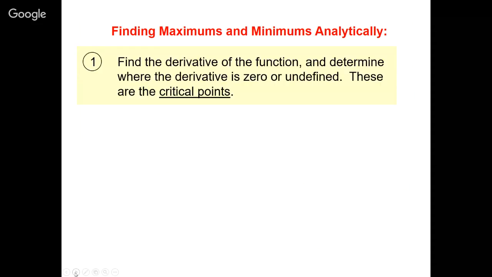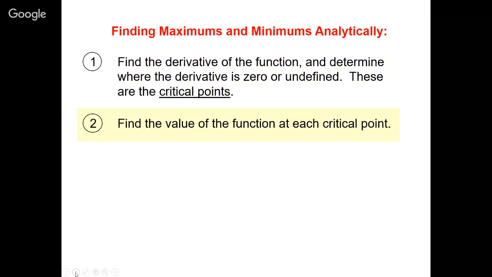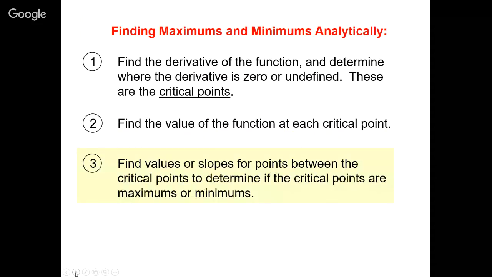So how do we find these maxes and mins analytically or algebraically? Well, the first thing you do is you take the derivative of the function and set it equal to 0. And then you find out where the derivative is equal to 0 or it's undefined to find the critical points. Then you find the value of the function at each critical point and find values or slopes for points between the critical points to determine if the critical points are maxes or mins.